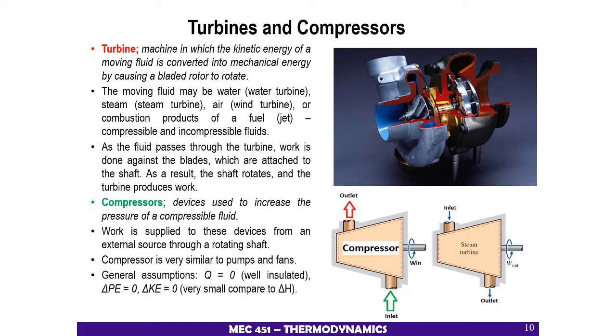The moving fluid may be water, we call it a water turbine; steam, a steam turbine; or air, a wind turbine; or combustion product of a fuel, a gas turbine. It can be a compressible or incompressible fluid. As the fluid passes through the turbine, work is done against the blades, which are attached to the shaft. As a result, the shaft rotates and the turbine produces work.